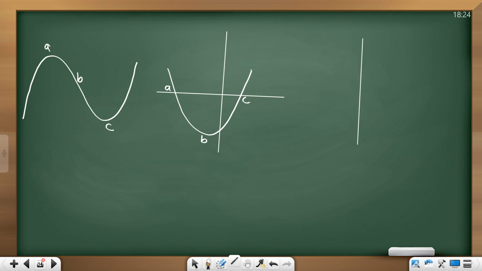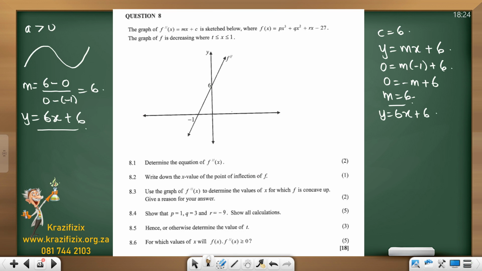The same way, if I continue, the turning point would become my x-intercept. Here, what's my turning point? B. When I go there, it's going to become my x-intercept, and that is going to be my B there. So the B there, if you trace it back, what do you notice? That B is the point of inflection. What's our point of inflection here? x equals -1. Or 2.